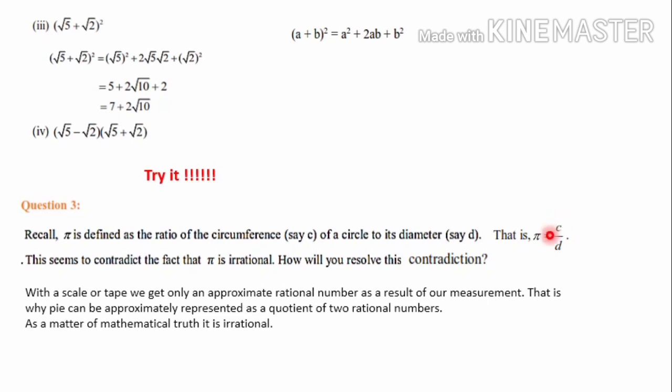Pi is equal to c by d, that is circumference of circle by the diameter, is an approximate value. And as a mathematical truth, we will accept pi is irrational. For more explanation and visualization of this concept, you can use this YouTube link and watch the video which is uploaded there.